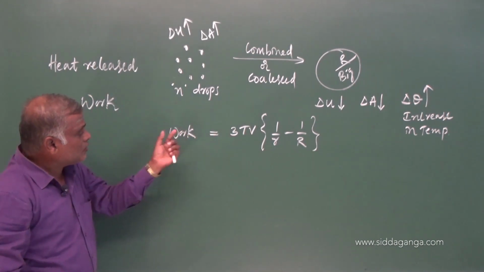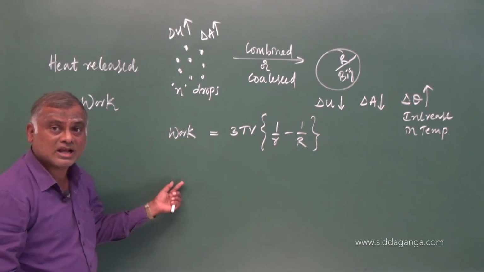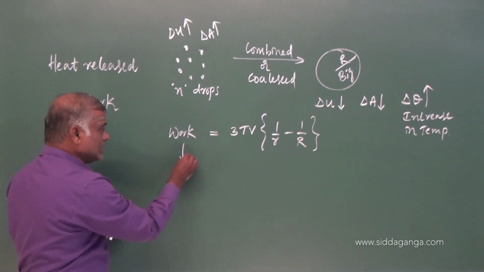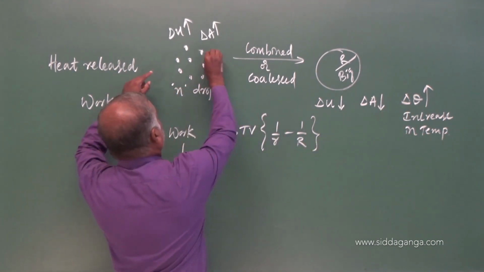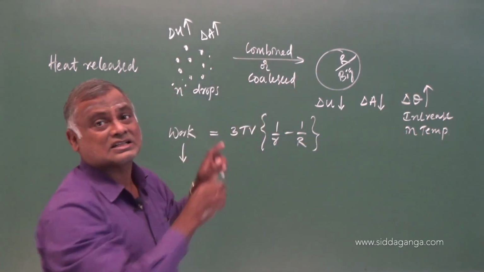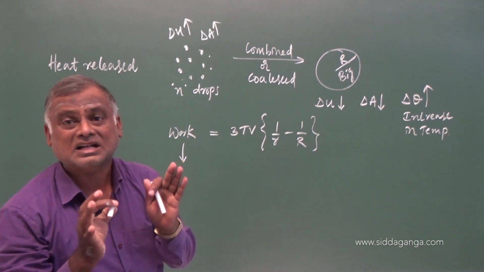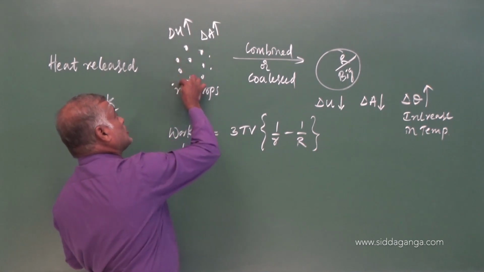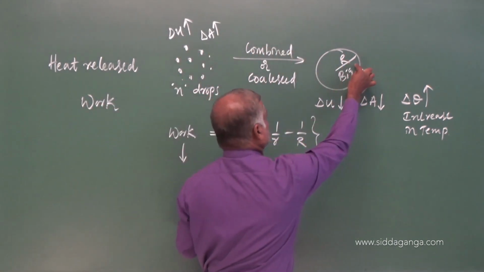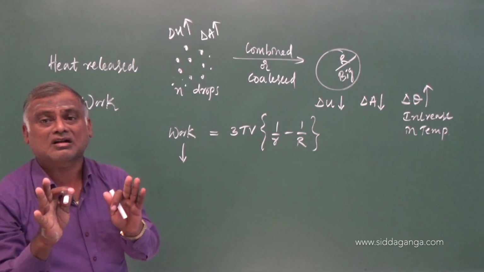This mechanical work is converted into heat energy, and there is a rise in temperature. Here, total mass remains constant. Mass is conserved. All the drops combine, forming a bigger drop.